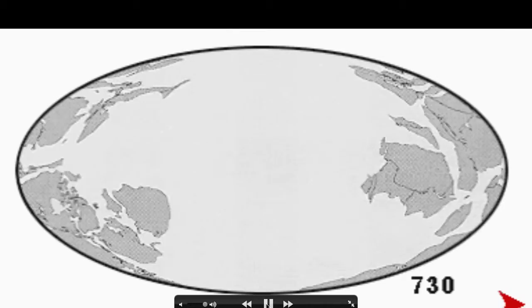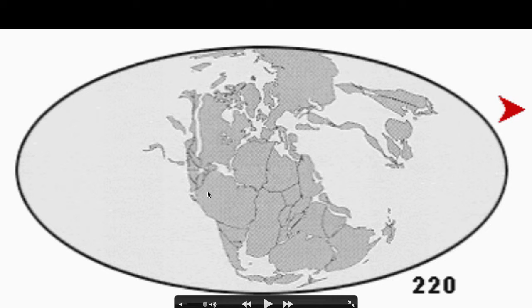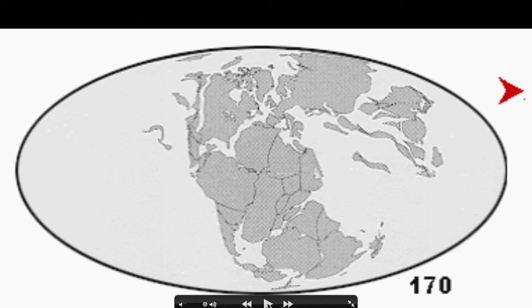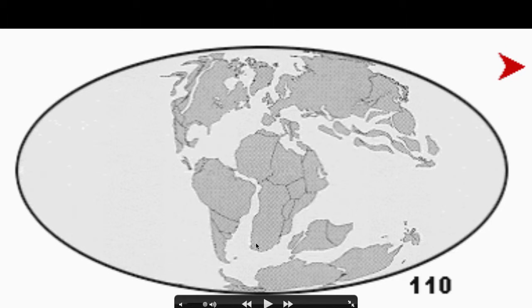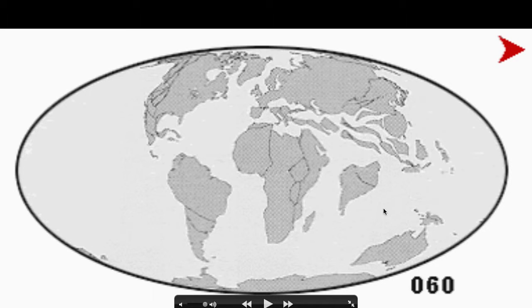If we go back to about 200 million years ago, you can see that they're all together. Here you are 100 million years ago, South America and Africa separating. That thing there, that's India heading towards Eurasia.